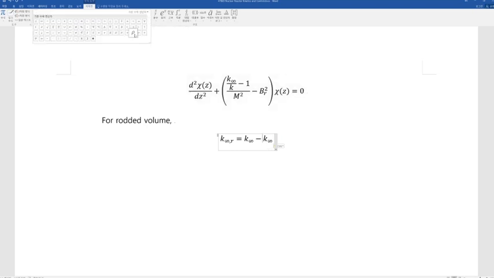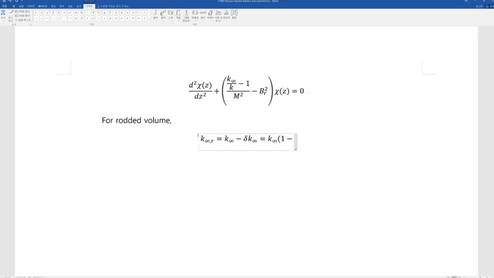So we denote this as delta, and this change is also proportional to the worth of the control bank.